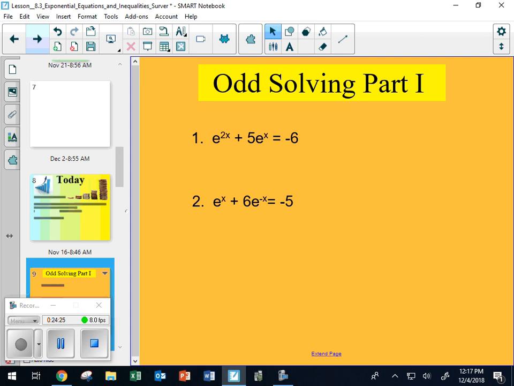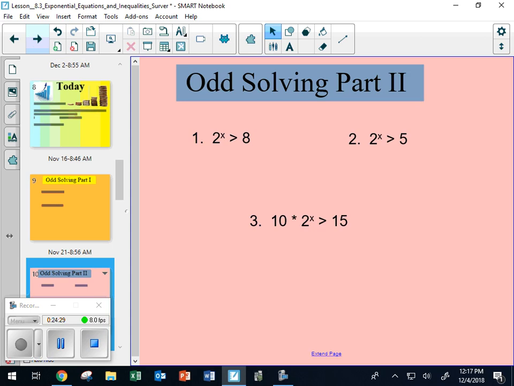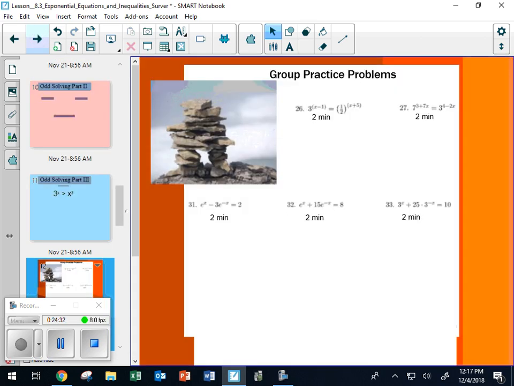The last thing I would like to do, actually before we do this, I would like to give you a practice problem on your own. I would like you to try number 27. And it's on this page with a rock formation. And I was told last period that rock formations like this are called Karen. Does anyone know if that's true?